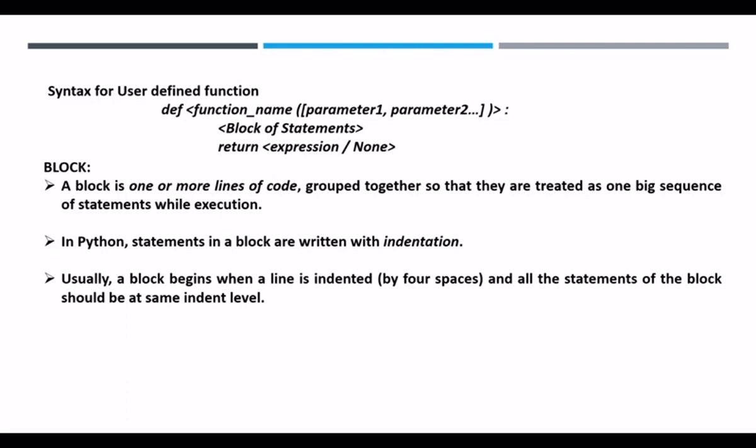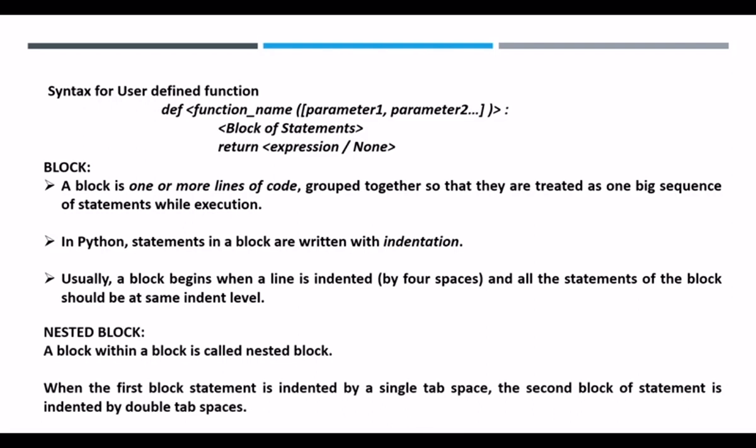And all the statements of the block should be at the same level. That is very important in Python. Indentation is one of the very important things that should be followed very clearly in Python programming. If we have some problem with the indenting, we will have some error in the output. So the statements of a block should be indented at the same level.